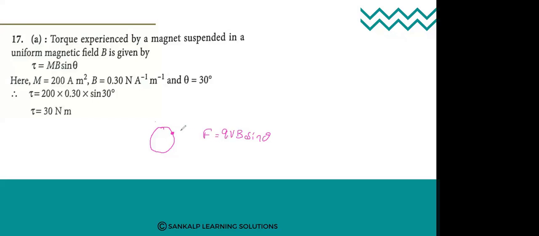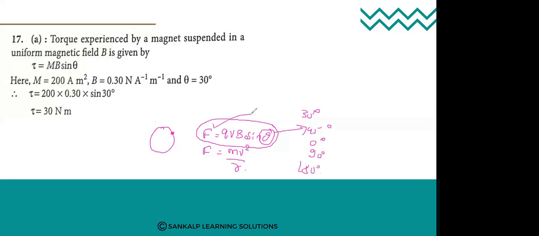Next, one more force is acting, that is the centripetal force, mv square by r. The magnetic force is qvB sine theta. Whatever theta they specify, whether 30 degree, 45 degree, 0 degree, or 90 degree, perpendicular, parallel, anti-parallel, anti-parallel means 180 degree. Based on that you can calculate the force.